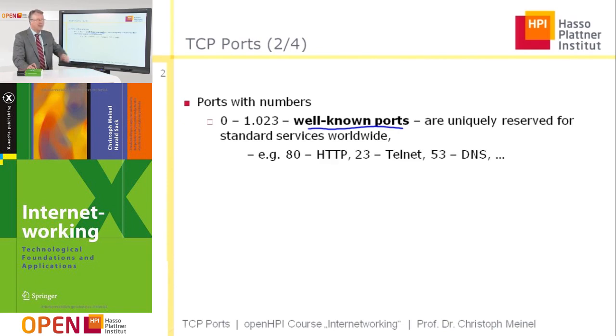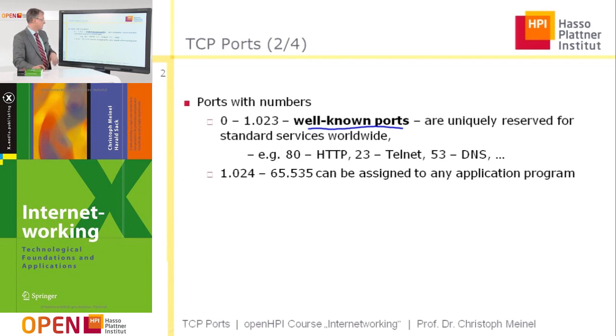For example, port number 80 is the port number for the HTTP service, or port number 23 is the port number for the telnet service, and 53 for the domain name service. Then the next range of ports, with the numbers 1024 to 65,535, can be assigned to any application program.